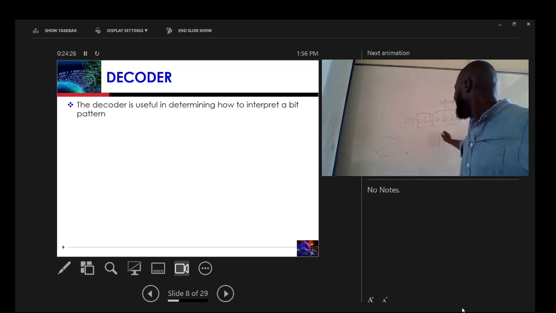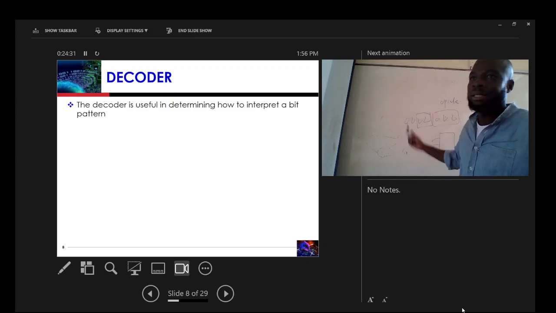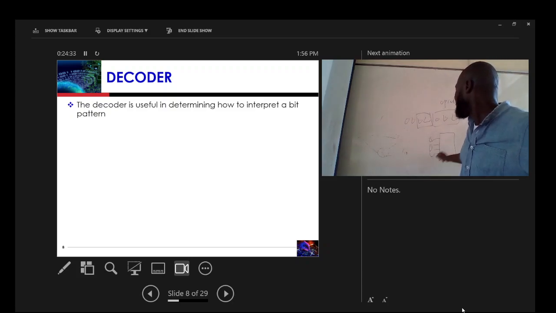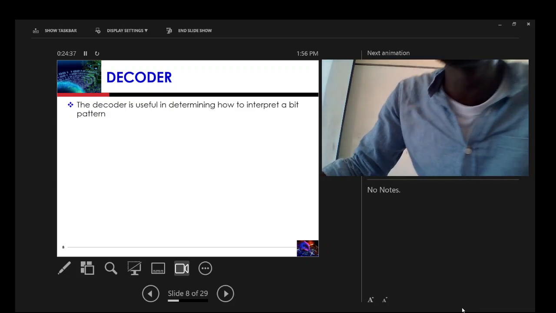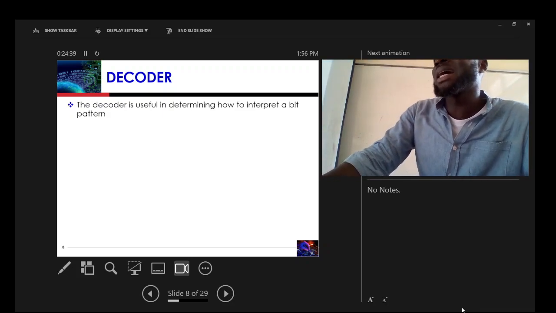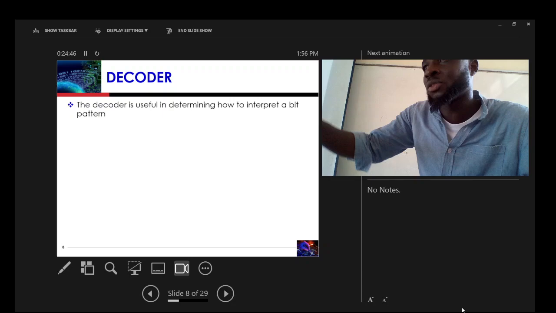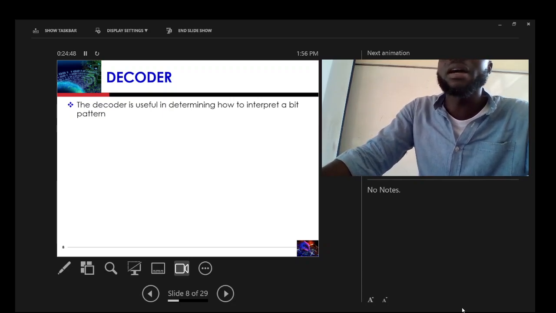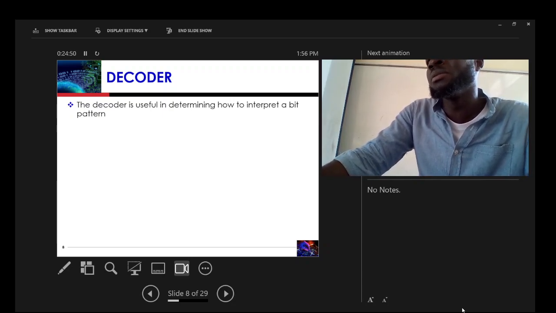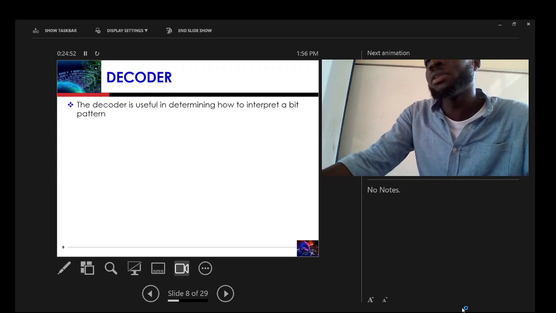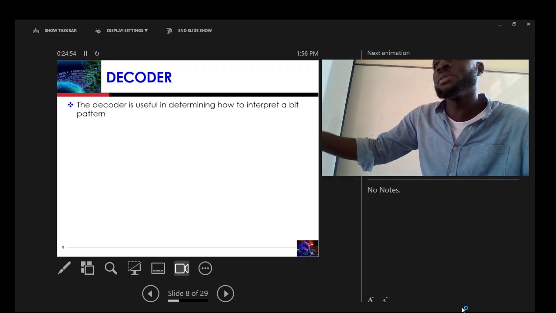I connect the opcode to the input of the decoder, and based on the input, one of these can be selected. You must know that your CPU can only execute one instruction at a time. That's why your CPUs are slower than probably your GPUs. You know the difference between a CPU and a GPU.